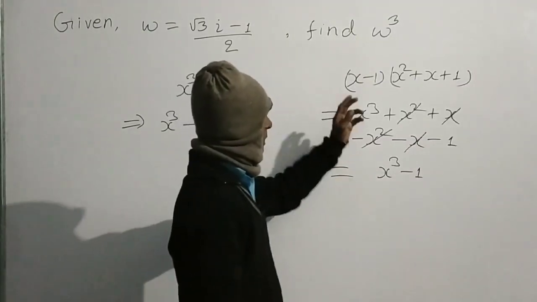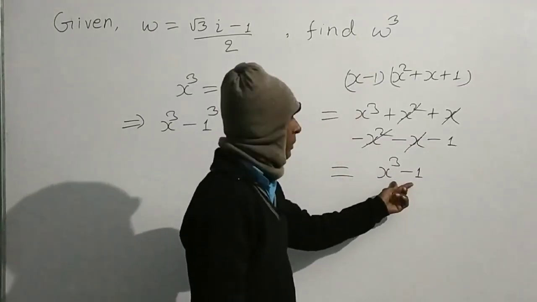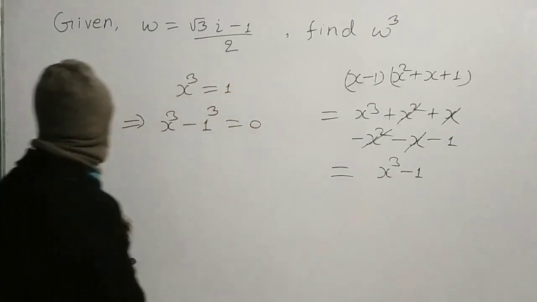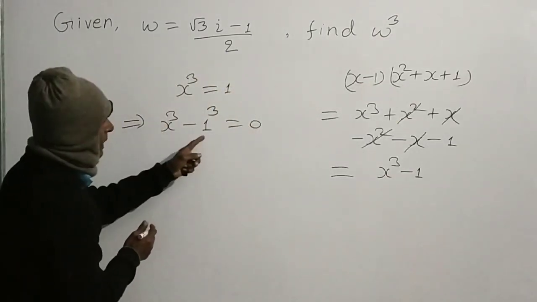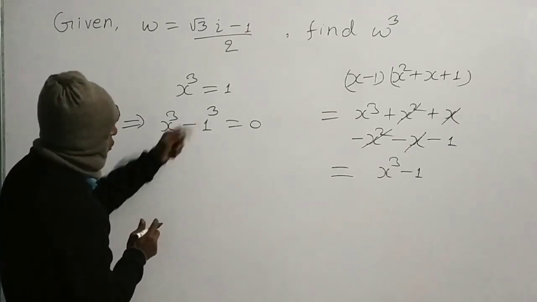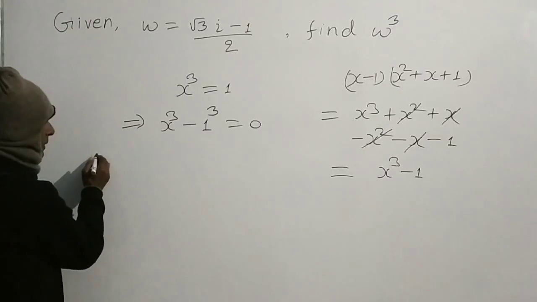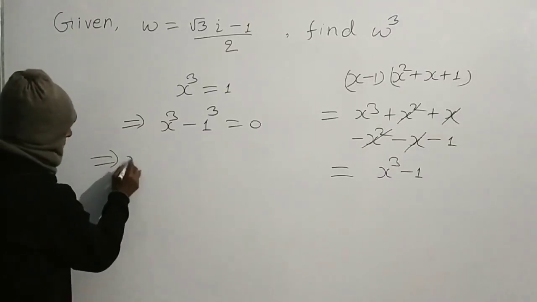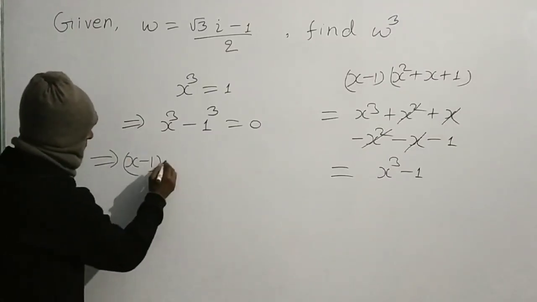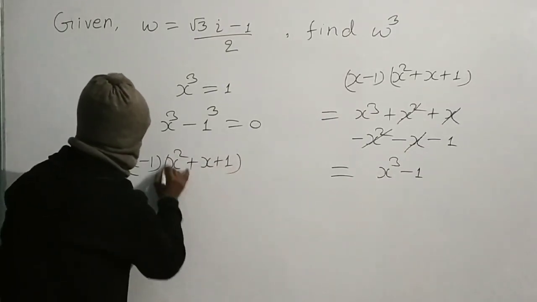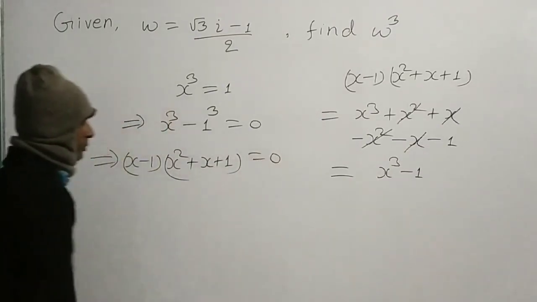That means x cube minus 1 can be written in this way. Therefore, we write x cube minus 1 cube, that means 1, in this way: x minus 1 times x square plus x plus 1 is equal to 0.